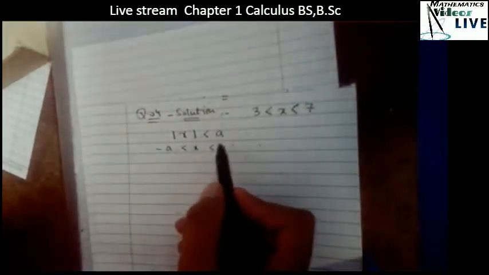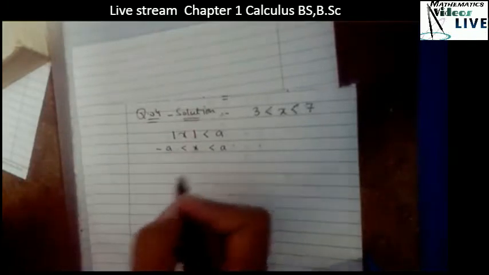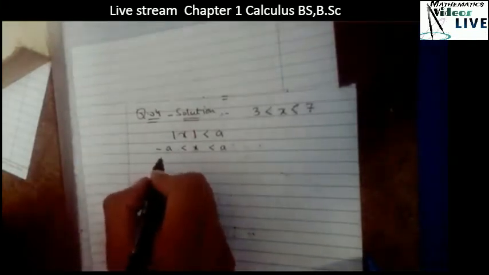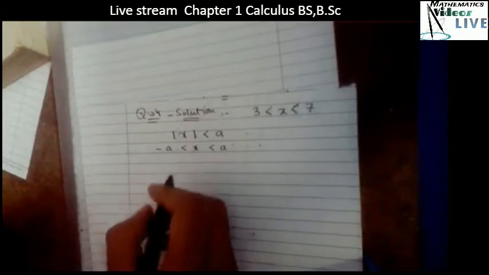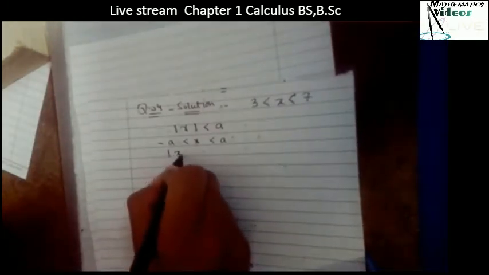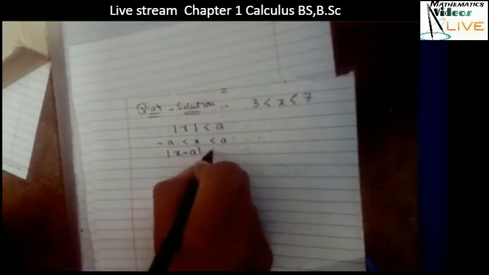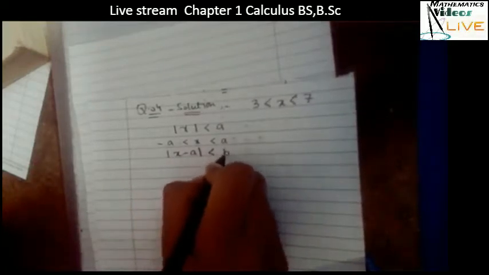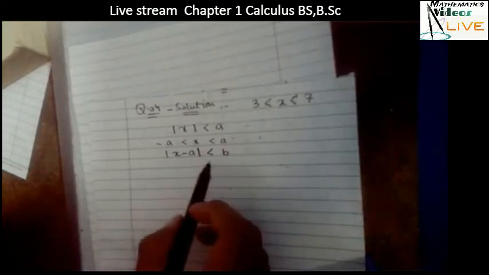This is property number 4 on page number 4 of your text. So by making use of this, you get another inequality. For example, mod of x minus a is less than b.